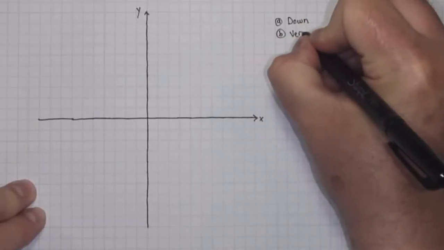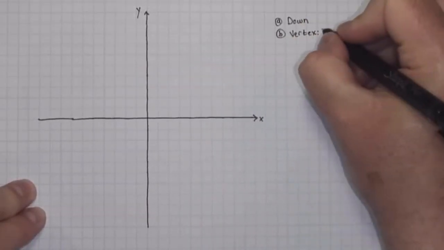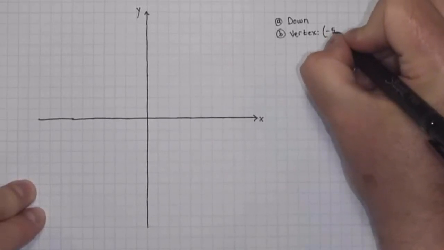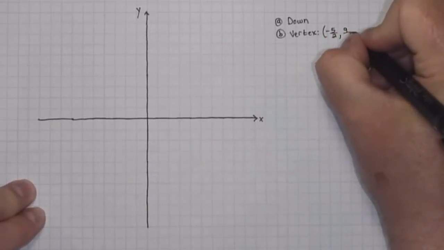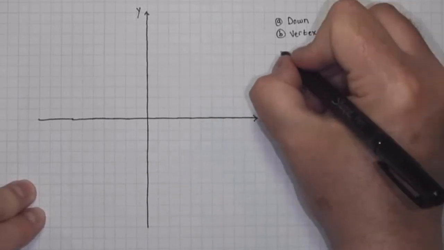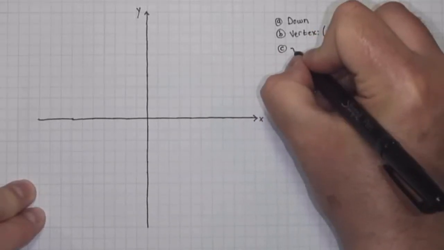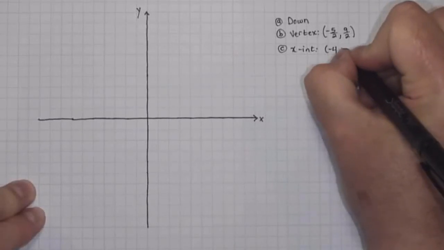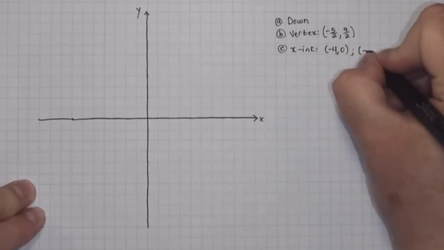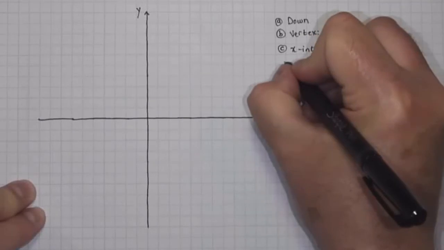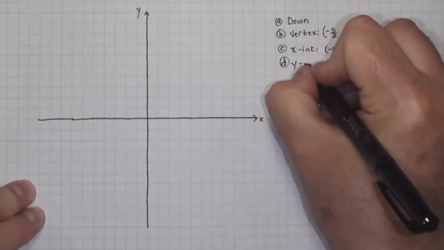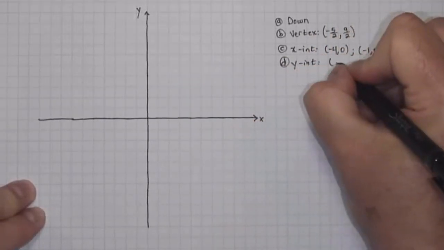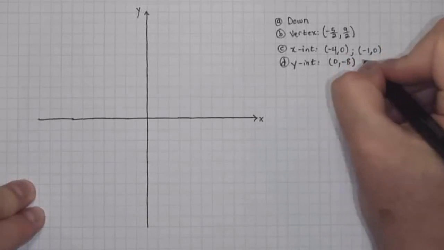In part B, we found that the vertex is the point negative 5 halves, 9 halves. In part C, we found that the x-intercepts are the points negative 4, 0, and negative 1, 0. And then in part D, we found that the y-intercept is the point 0, negative 8.